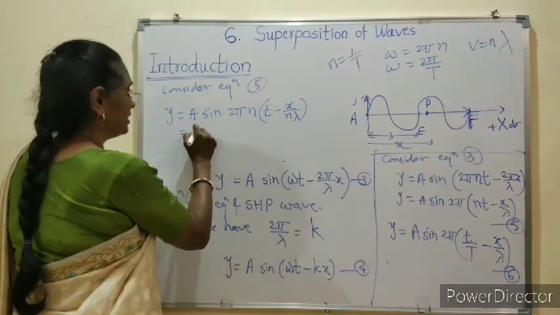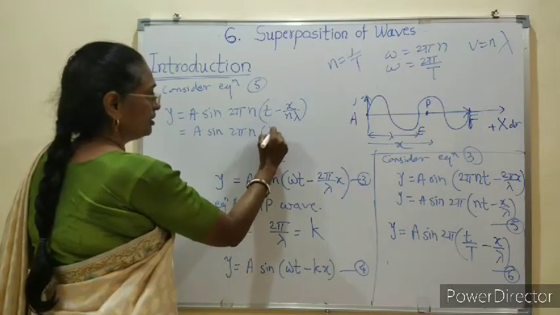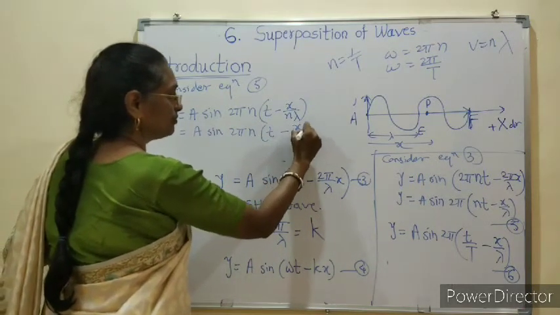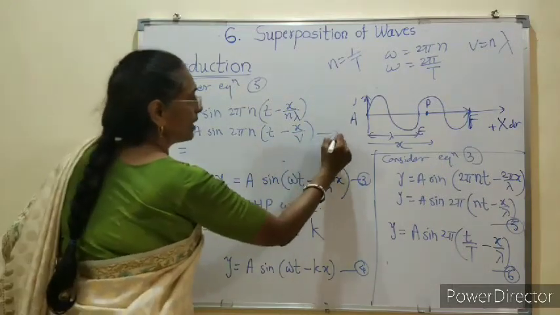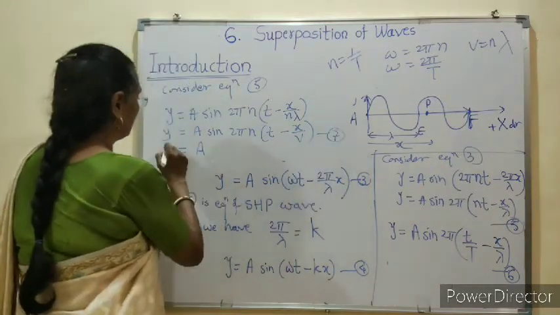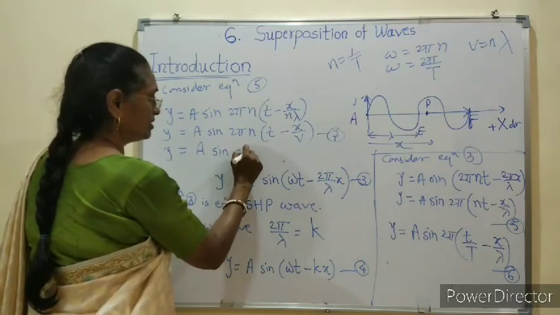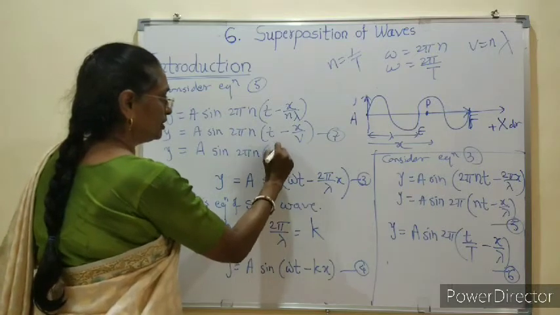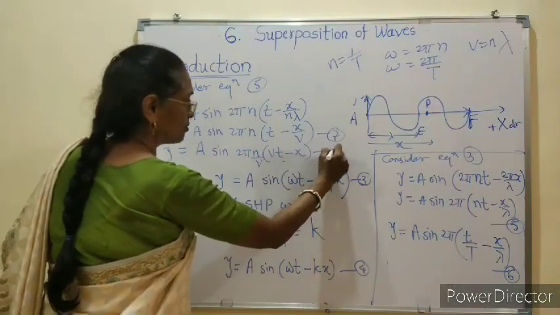So here a sin 2 pi n, t minus x upon v. Also it can be written as a sin 2 pi n upon v, vt minus x. Here v can be taken as common.